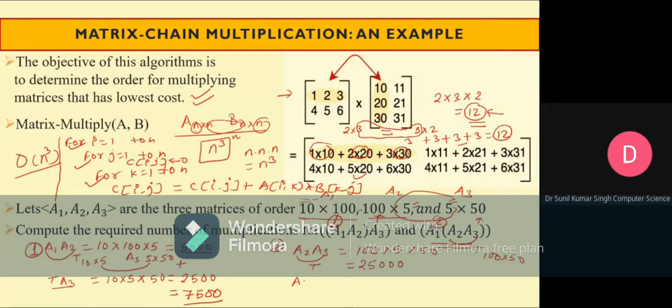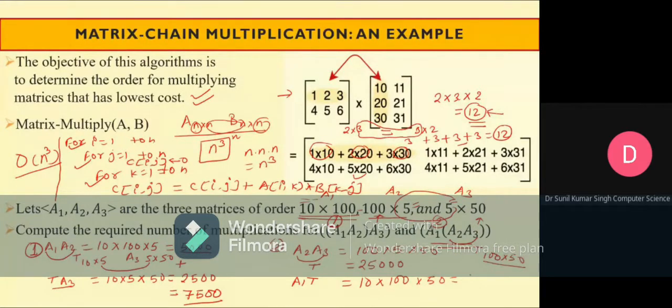a1t. So what will be the number of multiplications? 10 cross 100 is a1, and 100 cross 50 is t. So you can see 100 number of columns is equal to 100 number of rows. Multiplication is compatible, and then you have to find out here 10, and then 100, and then here 50.